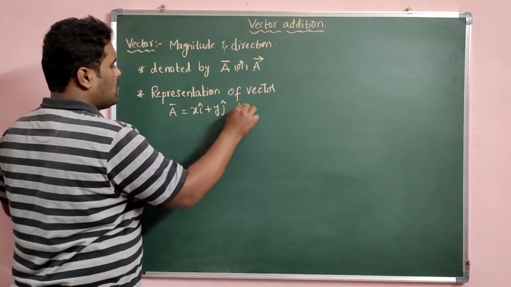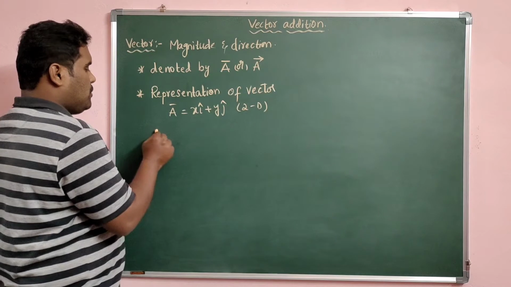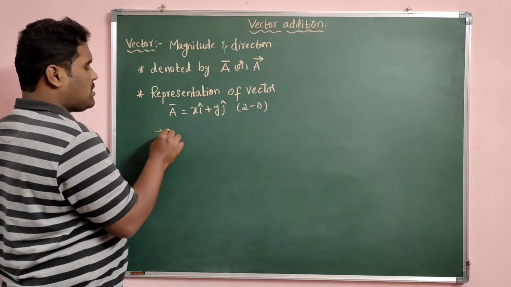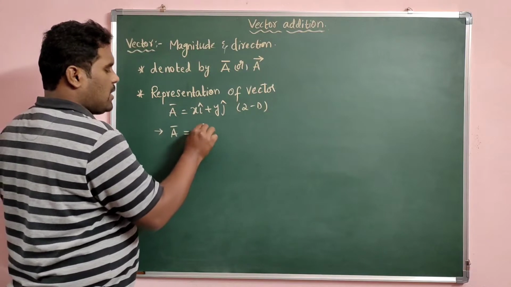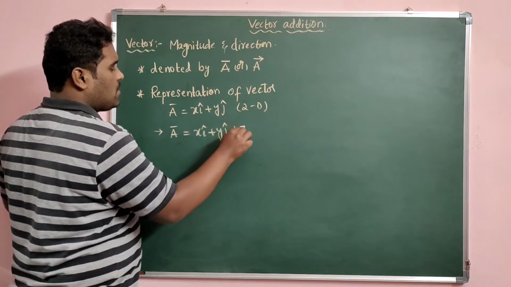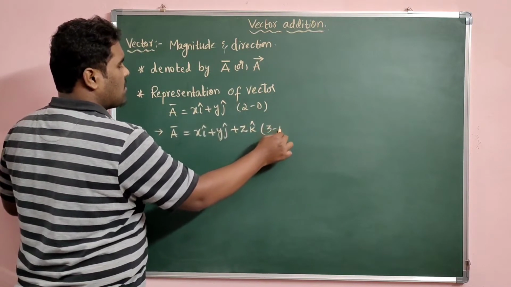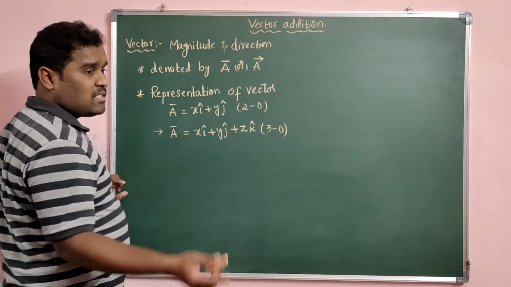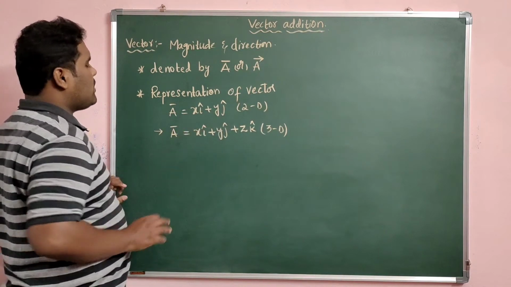So this is in two dimensions, that is in the xy plane. And in three dimensions, the same A bar can be written as x i cap plus y j cap plus z k cap, and this is in three dimensions, that is the xyz space.